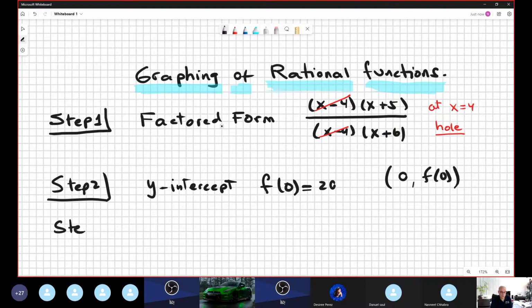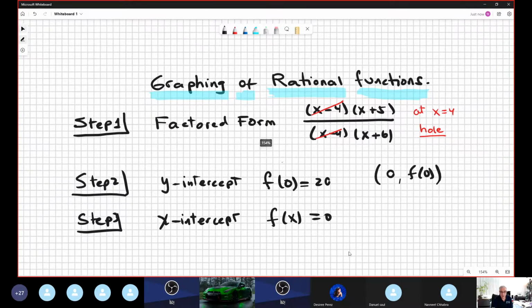Step 3. X-intercept. This is very, very similar to the polynomial case. The formula is f of x equals 0, because I assume y is 0. But I have one more important thing.